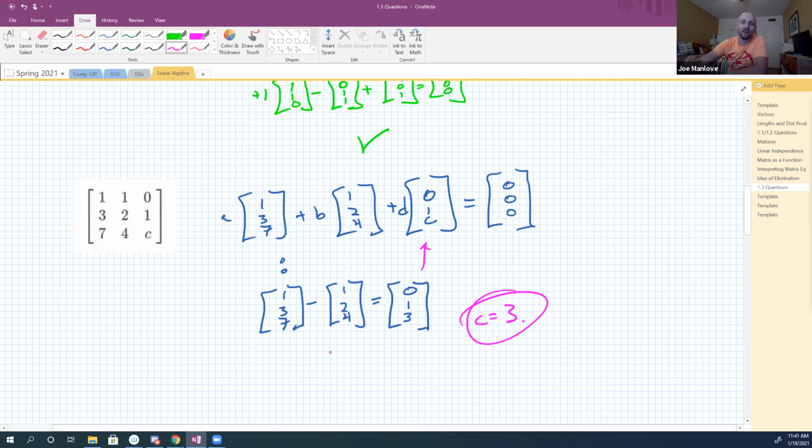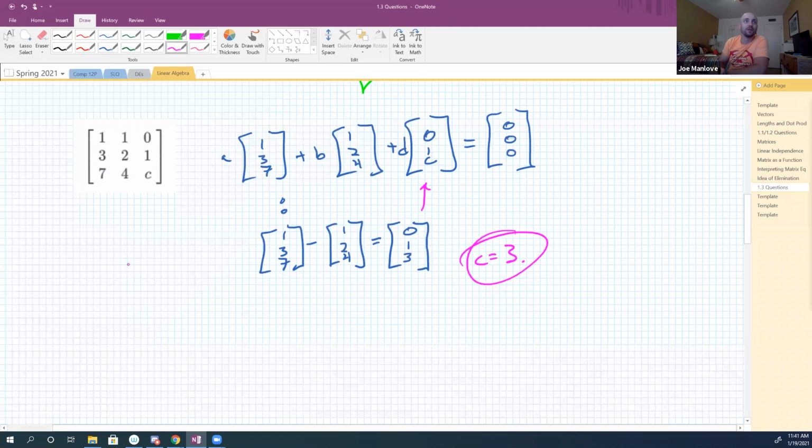So if you know how to calculate a 3x3 determinant, an alternate approach would be to take the determinant of this thing.